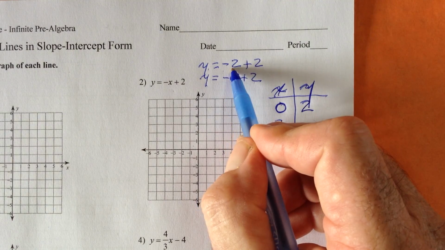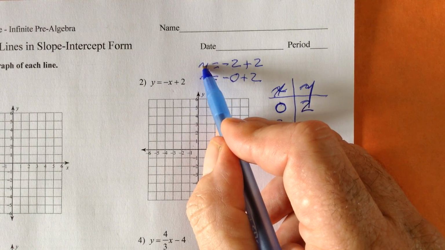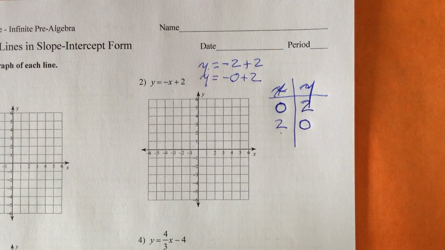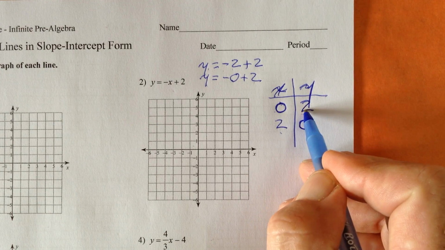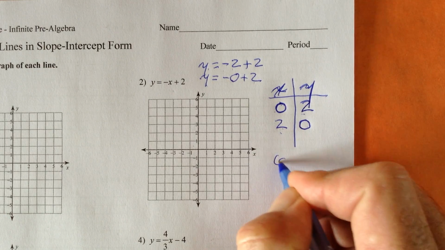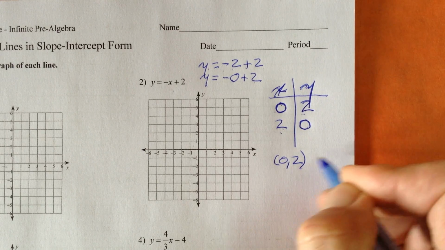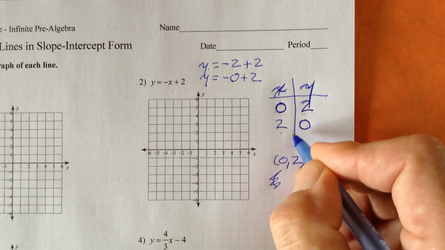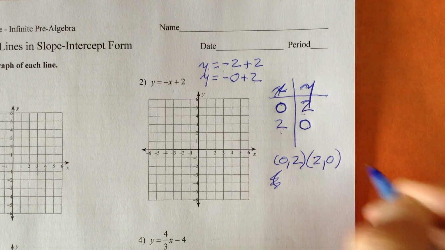So if I go negative 2 plus 2, well, the y is going to be 0. So I'm going to put here 0. So now I've got 2 points. I've got the x and the y, and I've got another coordinate, x and y. So I've got the coordinate 0, 2, the x is 0, and the y is 2. And then I have another coordinate. Well, I'll do it this way. If the x is 2, then the y is 0.